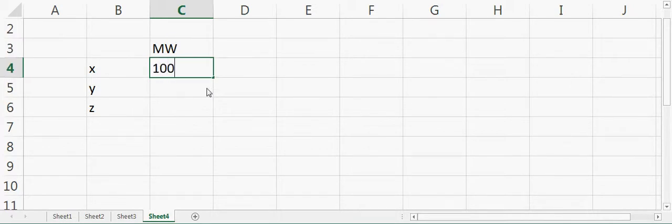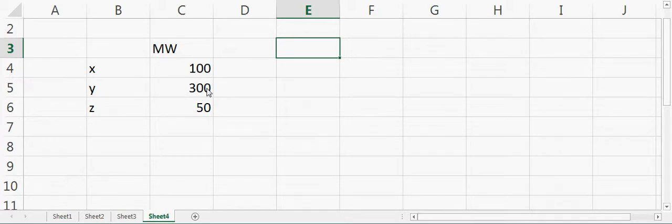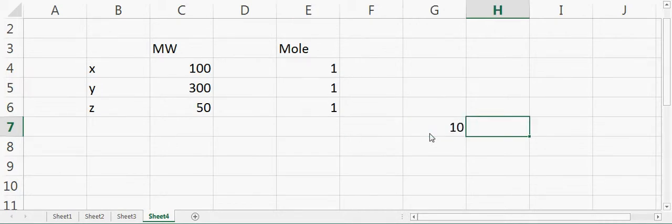Suppose they are 100, 300 and 50, and we have a molar fraction of 1, 1 and 1, and we want to mix them together and we need a total of 10 grams. So how much of each of these substances should we mix to get the molar ratio of 1:1:1?